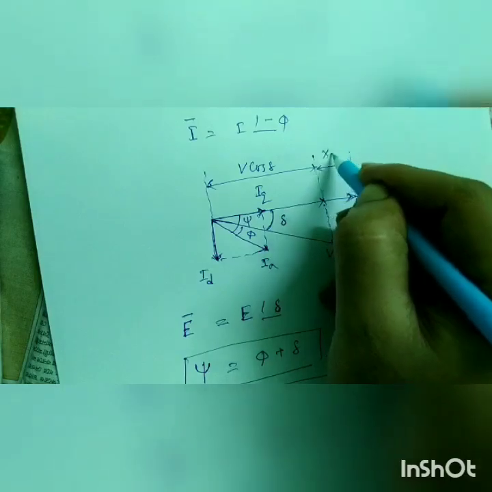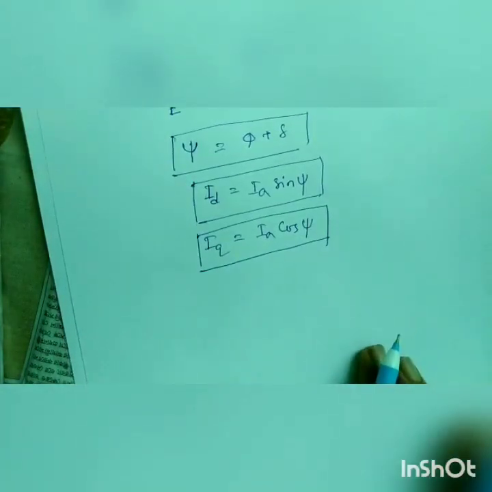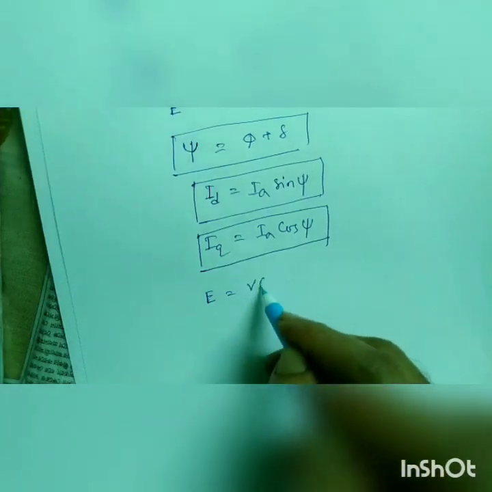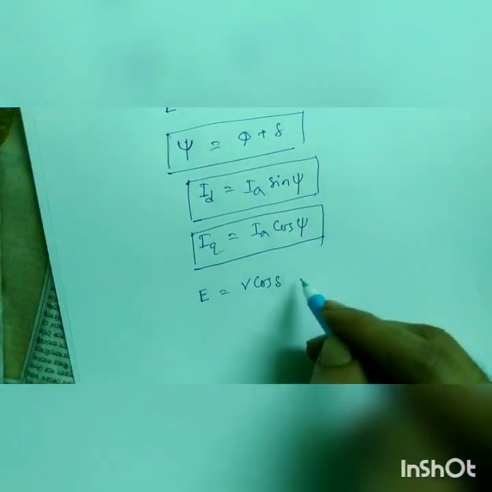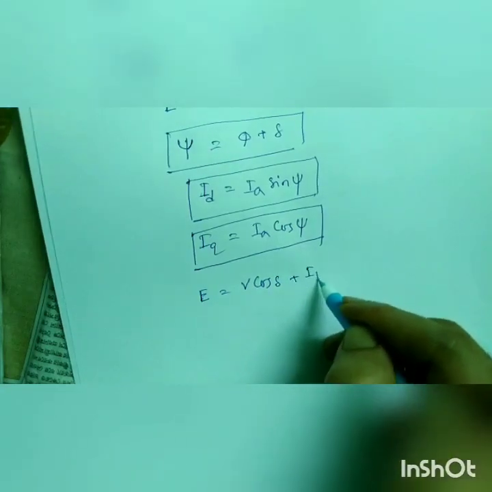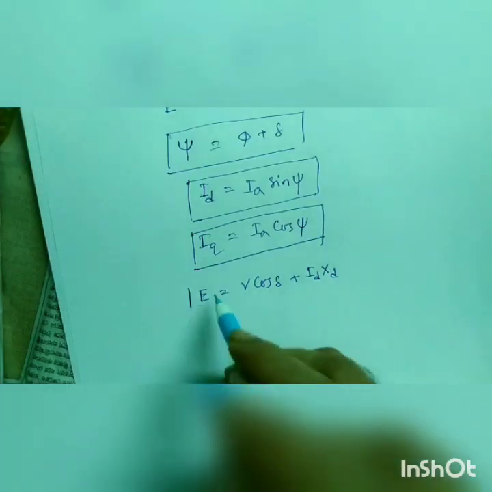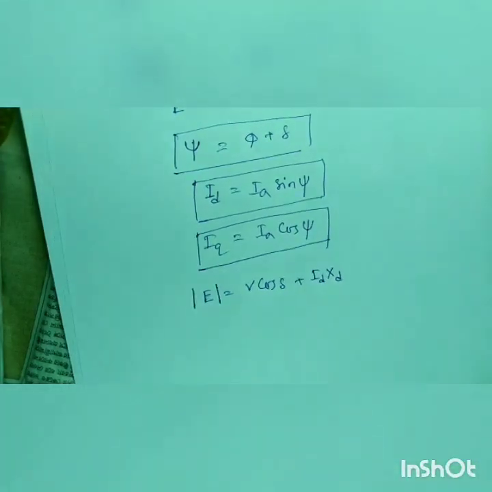So we can write the induced EMF E as V cos del plus ID XD. Remember, it is just the magnitude value of the induced EMF.